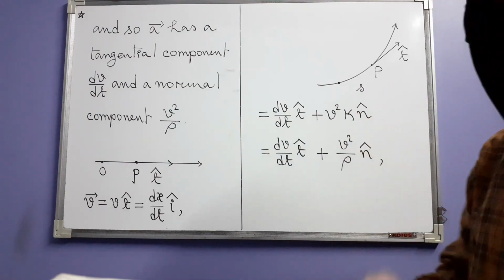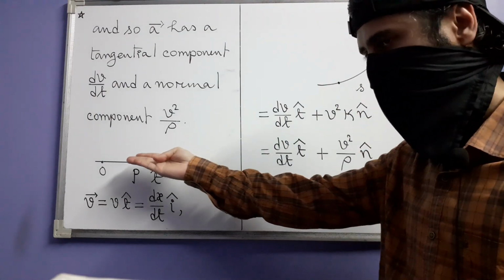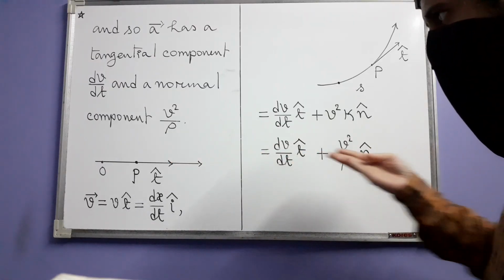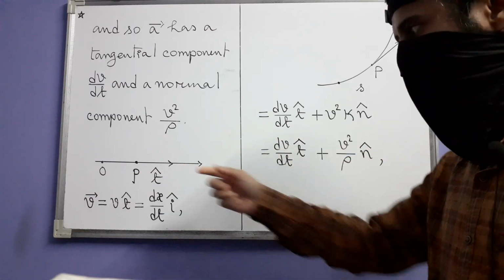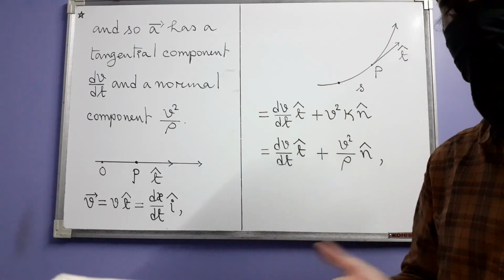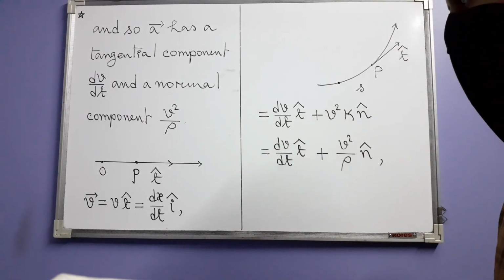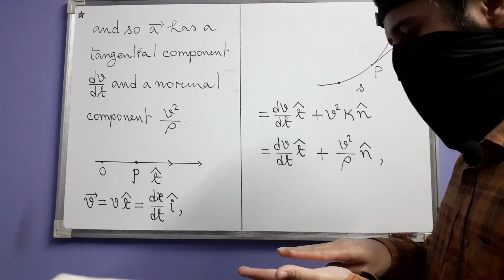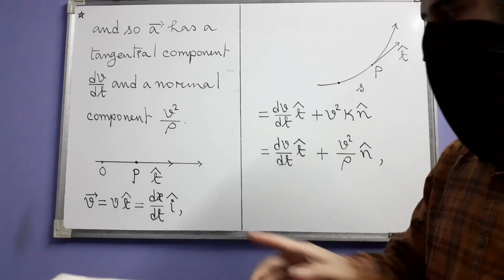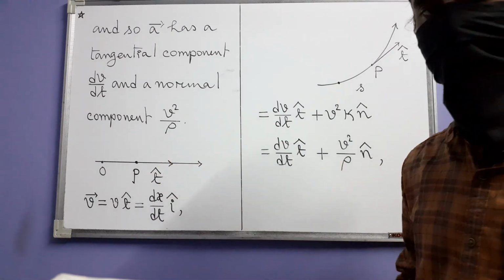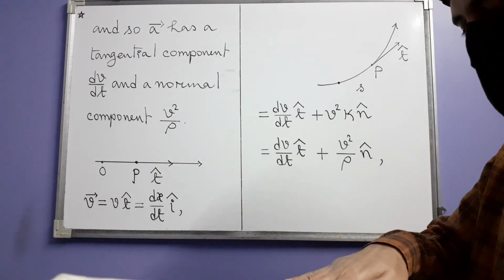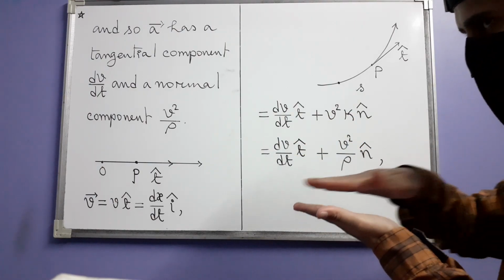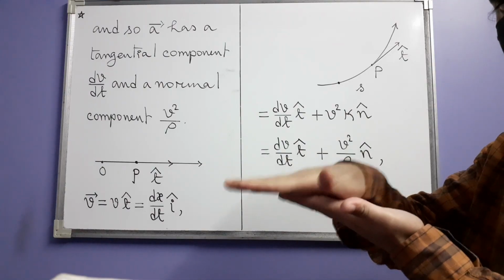You note one more thing, rectilinear motion is not necessarily always pointing either in this direction or that direction. The particle can go back and forth in some very complicated manner. So depending on the direction in which the particle is headed at some instant, the unit tangent vector t hat sometimes will be like this if the particle is trying to go in that direction at that instant.